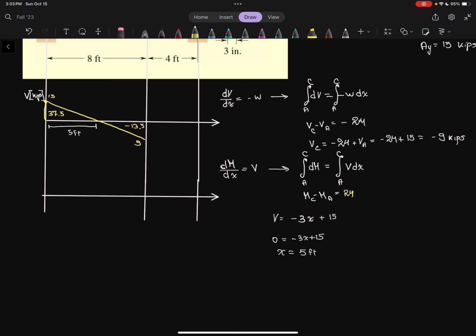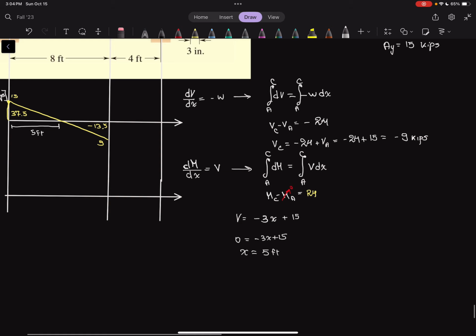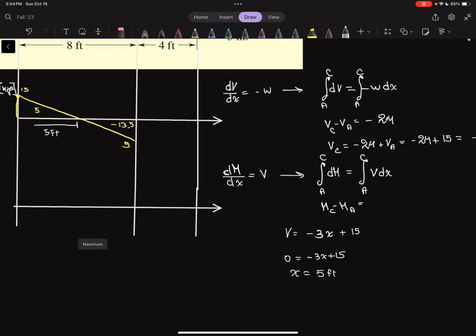And we know that this is 0 because the moment starts at 0. So we can say that our MC is equal to 24 kips times feet. And now we can plot it.